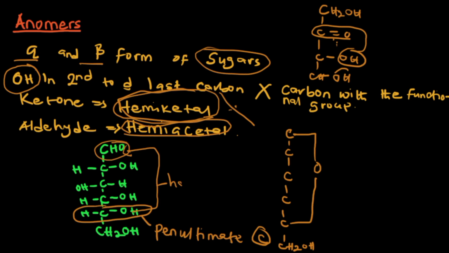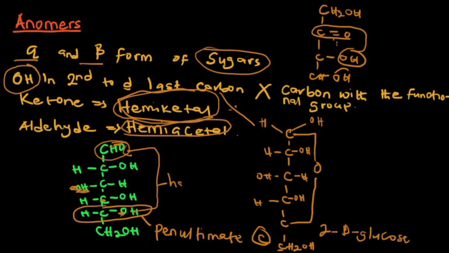The second carbon will be arranged the same as it is. The third carbon will be arranged the same as it is. The fourth carbon will be this way, and the last carbon is always untouched. If the OH group is attached to the right side, automatically the hydrogen will be here, and this is called alpha D glucose.